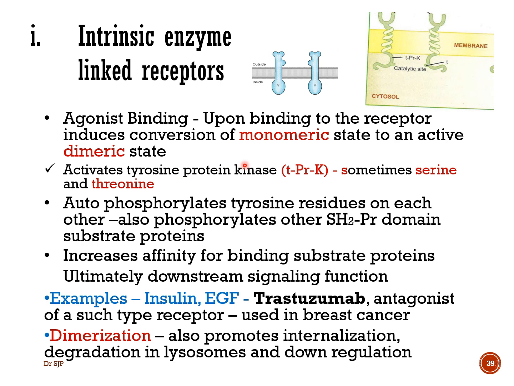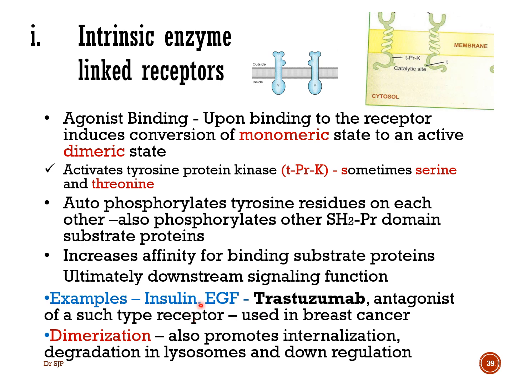So from the monomeric state we have the active dimeric state, which will activate the tyrosine protein kinase intracellular domain, okay, and then we have the autophosphorylation which takes place at the tyrosine residues, and then this autophosphorylated form binds with or phosphorylates the other SH2 part of the GRB2, that is your growth factor receptor bound 2, and it will thus produce the cellular responses, right?